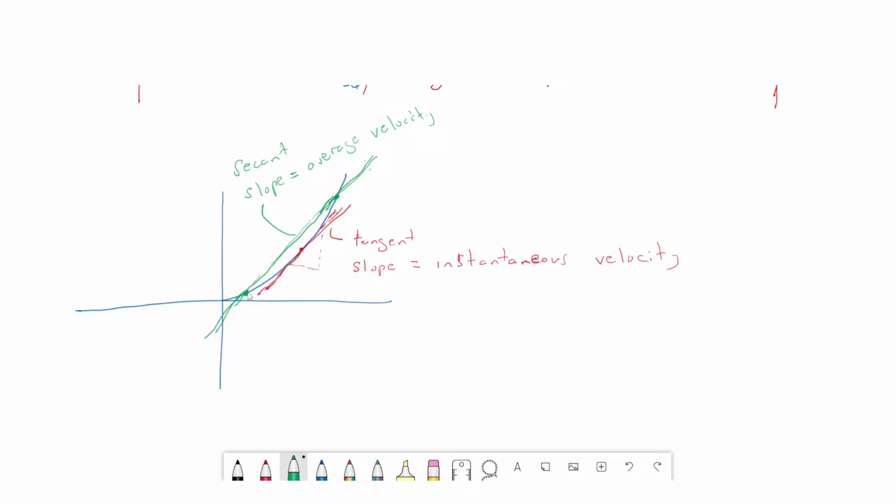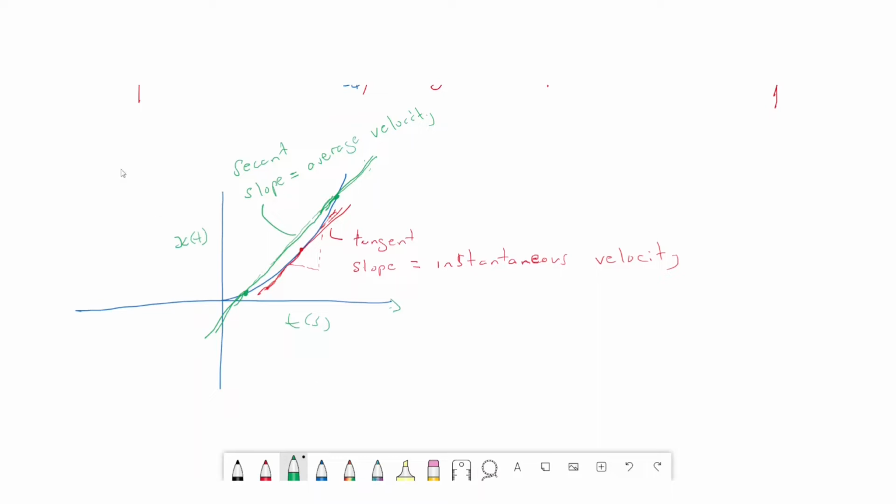Now the secant is not a very good approximation of what is happening here, and this is when the x-axis is the distance and this is the time in seconds. So you have an object that is moving from the origin, and it keeps increasing the distance in this fashion.